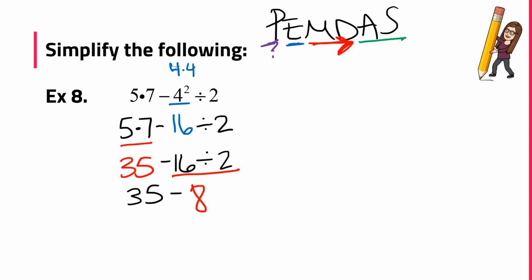And lastly, I have a subtraction piece. 35 minus 8 is 27. Now, if you were to just straight type that in your calculator, it may give you the wrong answer. So that's why it's really important to know your steps and break them down.